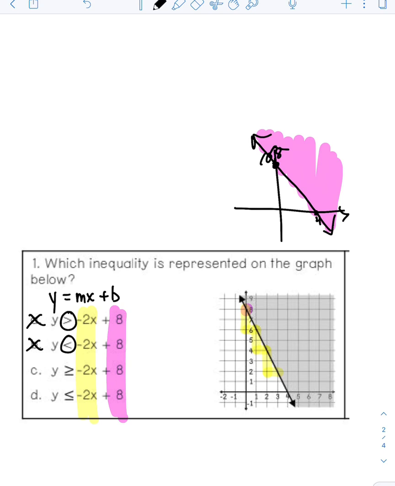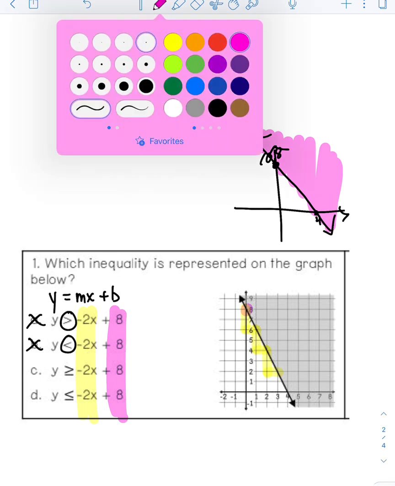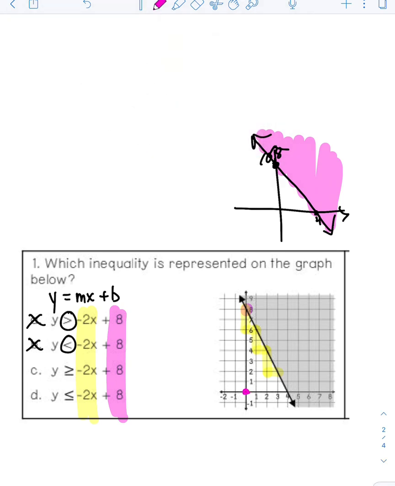Now I do my test point. What did I say I like as my test point? I always like (0, 0). Well, let's see. Since they have it shaded, let's find something that's in the shaded area. (5, 1). Remember, you can choose the point. So I'm going to use (5, 1) as my test point since it's in the shaded area.